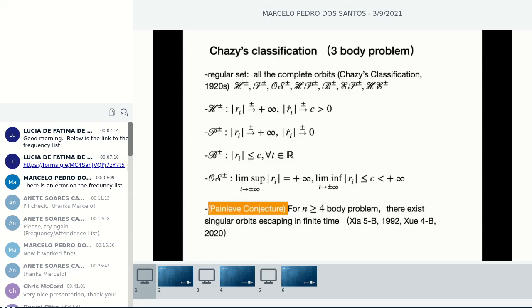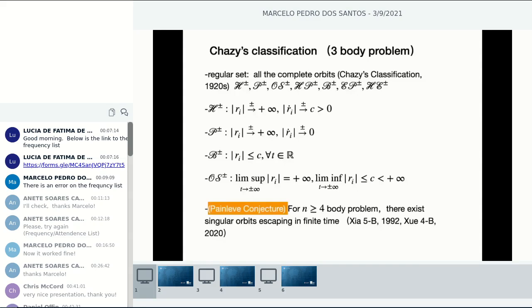So for n greater than 4 bodies, some more strange orbits come out. There is the famous Painlevé conjecture, which claims that there is a singular orbit which exists escaping to infinity in finite time.